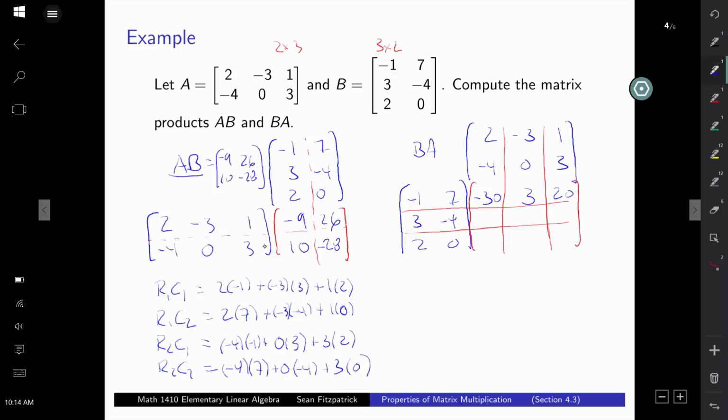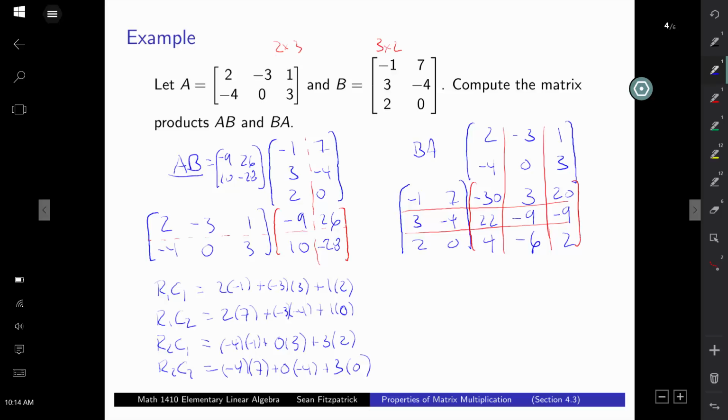Row 2 times each of the columns, 3 times 2, minus 4 times minus 4, so 6 plus 16, that gives me 22. 3 times minus 3, minus 4 times 0, so that gives me minus 9. 3 times 1, minus 4 times 3, so 3 minus 12, minus 9. And then for the final row, 2 times 2, 0 times minus 4, 2 times 2 gives me 4, 2 times minus 3 gives me minus 6, 2 times 1 is 2, right?